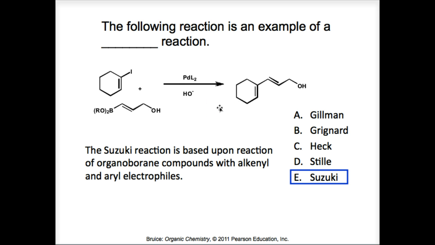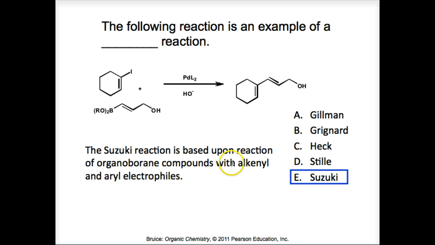You'll see the palladium catalyst prominently displayed and a base. And we have a nucleophilic compound right here. In fact, this is the reactant, and this is the electrophile right here, and a leaving group, iodine.